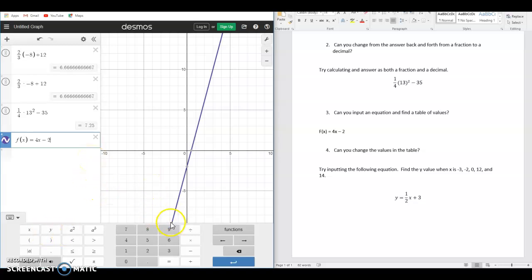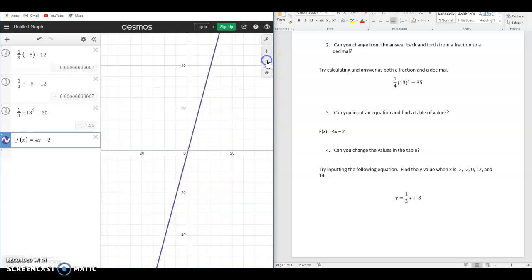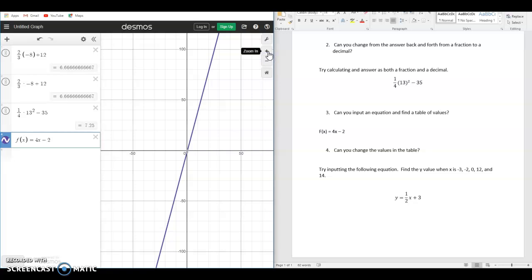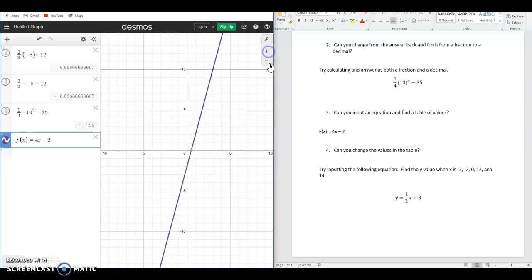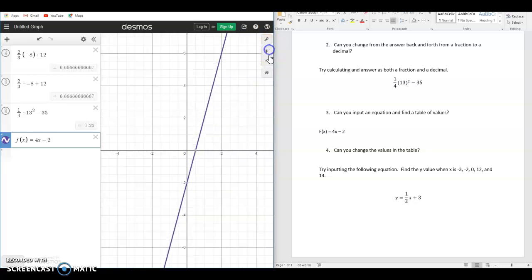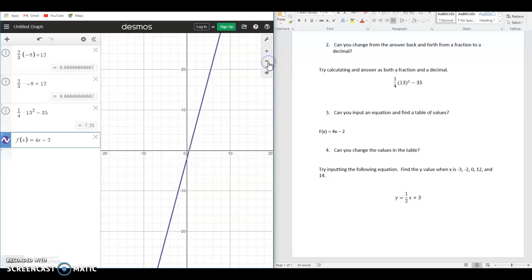So the really cool thing here is, number 1, this gives us a line, a graph. I want you to notice on the graph what the scale is. So right now it looks like the line is counting by ones, but you could zoom out or zoom in, and it's going to change the scale on your graph. So just be aware of that, that is a tool that you can use, and we'll get to graphing later on.